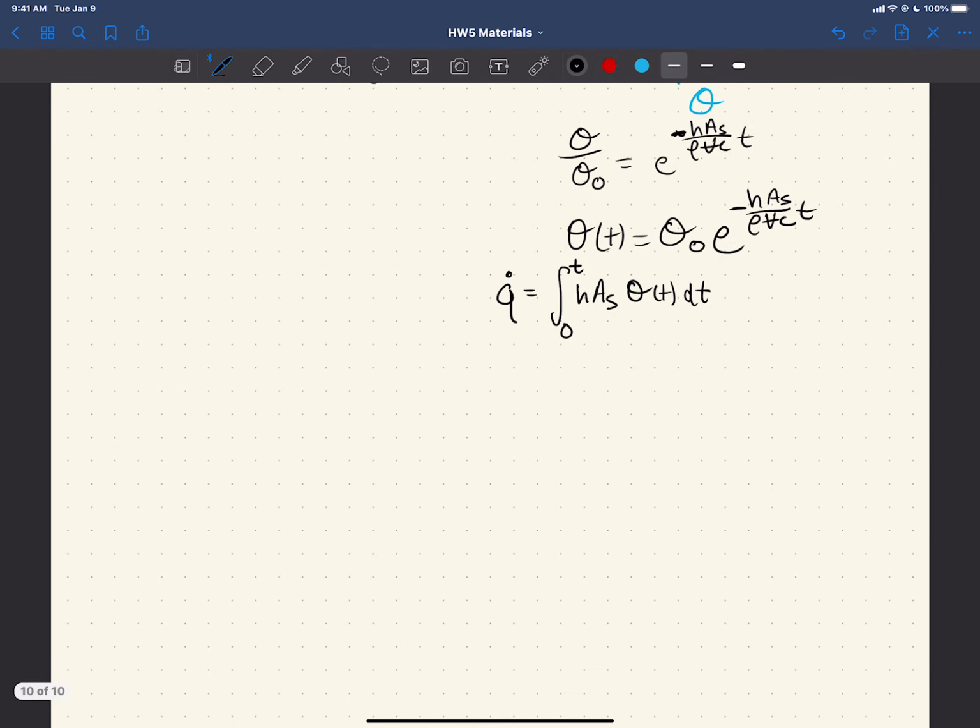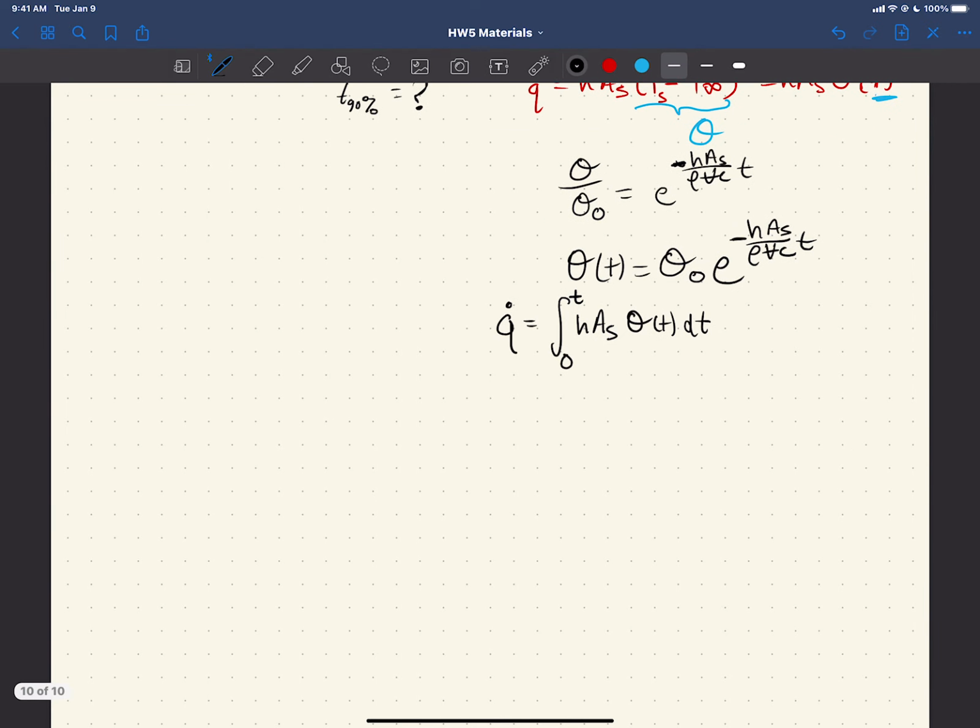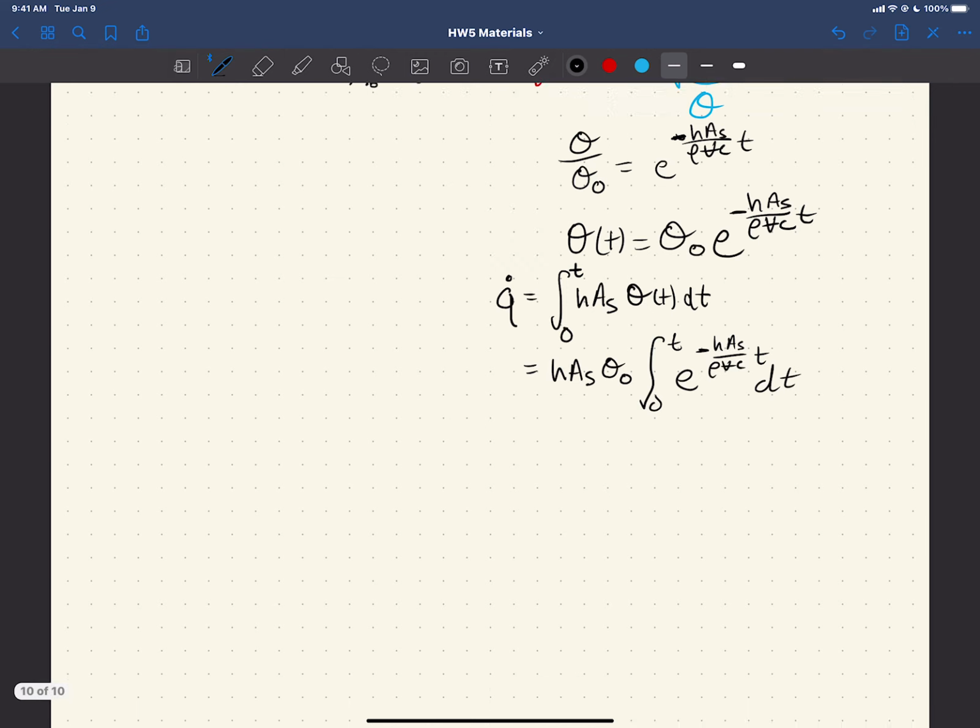And so if you now plug in, we have hAs, and then the theta naught is going to get pulled out. We have 0 to t. This is e to the minus hAs over rho VC t dt.